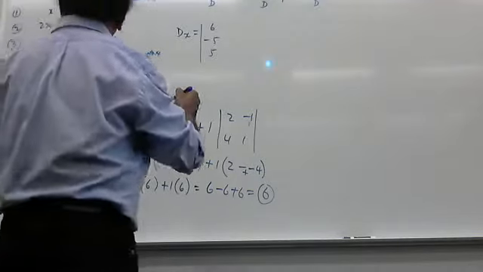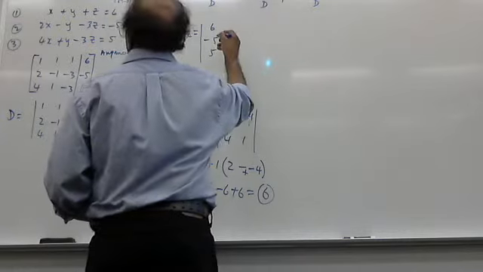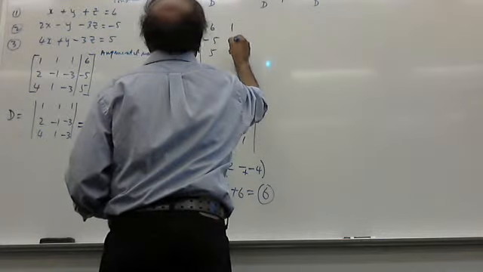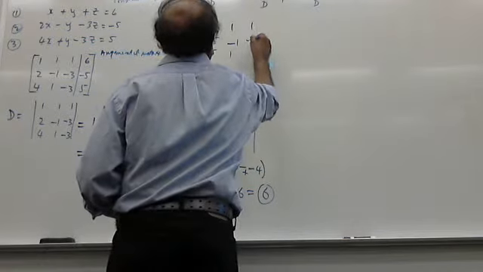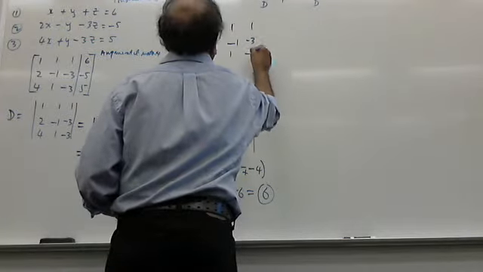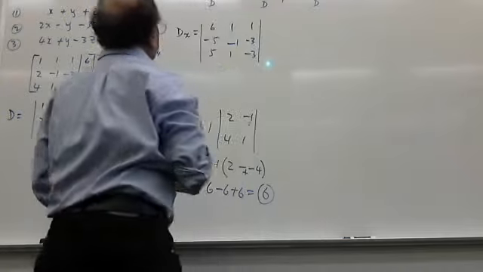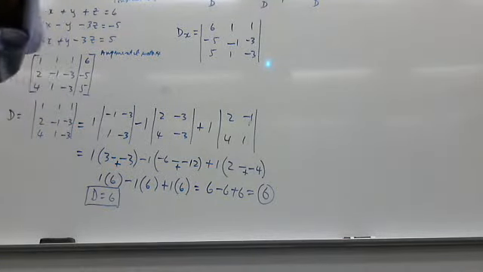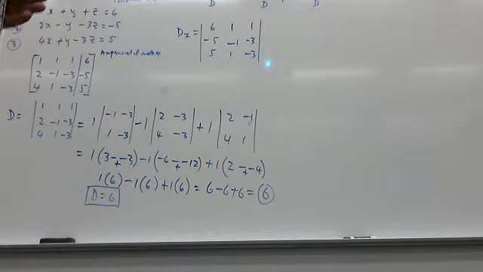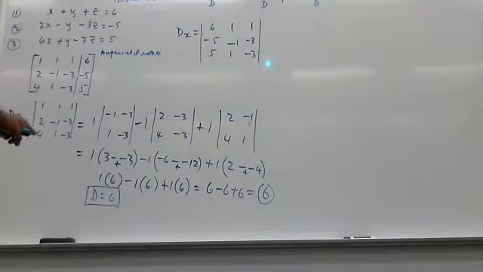So let's go ahead and do that. This is going to be 1, -1, and 1. And this is going to be 1, -3, and -3. And then we'll find the determinant of this. That will give us d sub x, and that is what we'll take and divide by d, and we'll get the value for x.